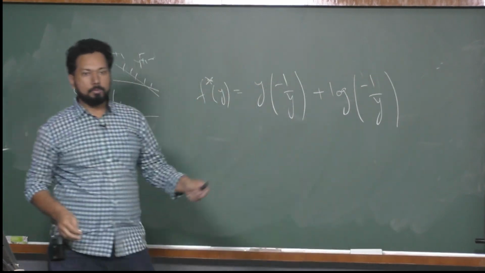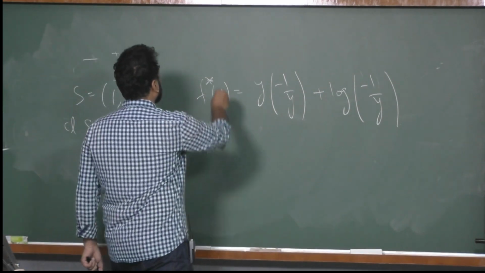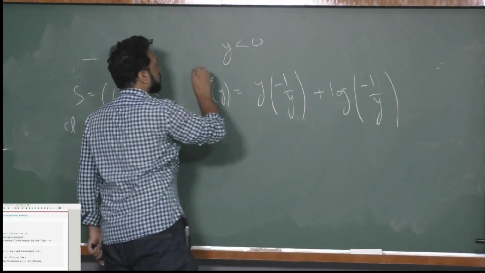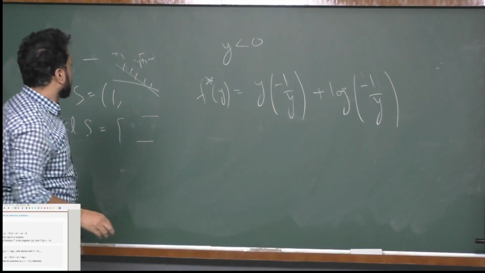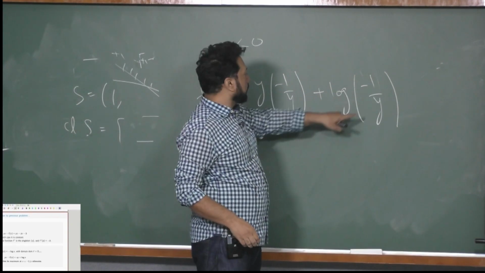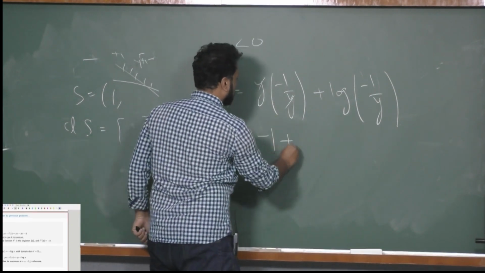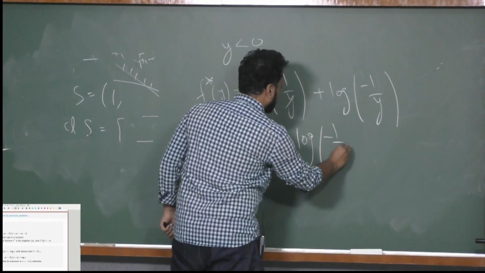Now log of minus 1 over y is still well defined because y is negative. Okay, so there is no issue yet, because for y greater than or equal to 0, we already know that it blows up for sure. So this is well defined. Y less than 0 means this is a positive argument for the log, and this guy actually gets cancelled. So this is minus 1 plus log of minus 1 over y.